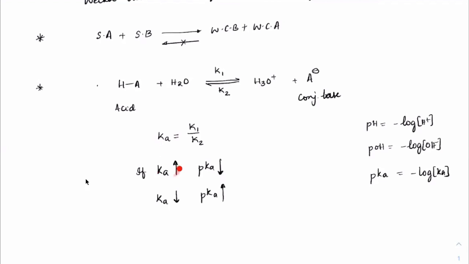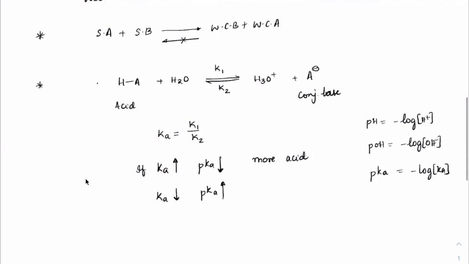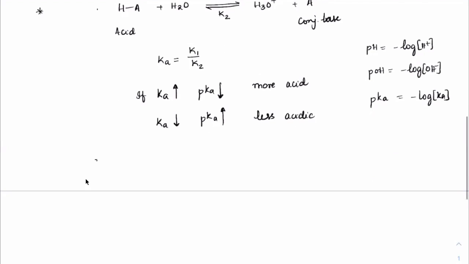Suppose the Ka value is more, which means it is more acidic because there is more dissociation in the forward direction. If the Ka value is less, it means it is less acidic. So we can conclude that the strength of an acid is directly proportional to the value of Ka or inversely proportional to the value of pKa.